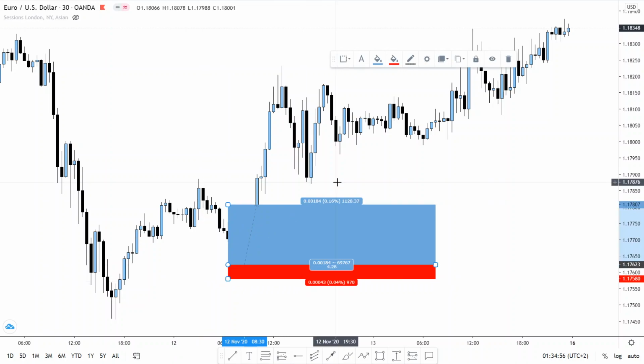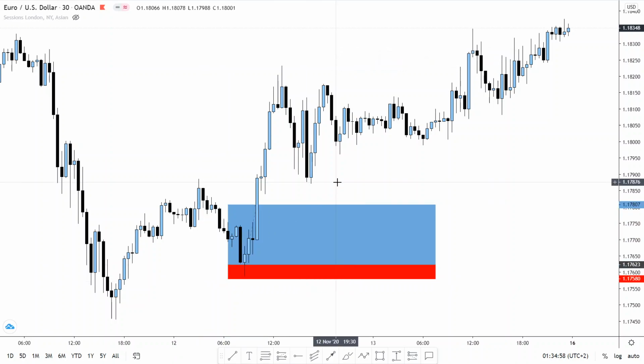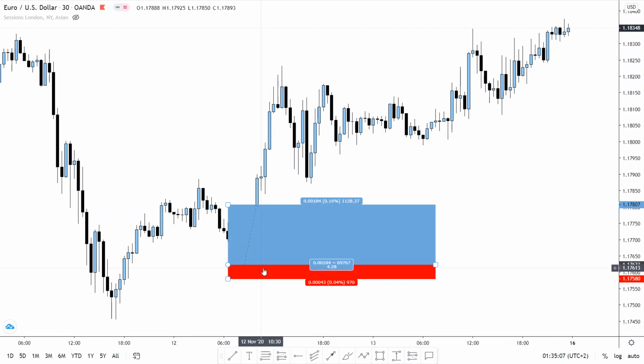So let's say that you want to use this blue, right? For stops, you can either use red or black. For stop losses, I usually use the down candles color, and for profit, I use the up candles color.